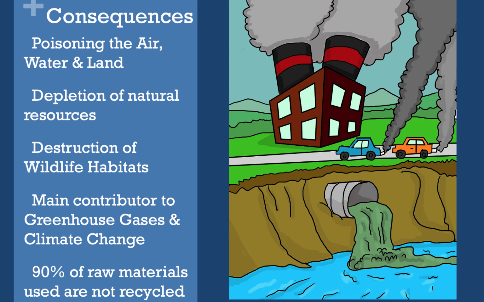Studies have shown that, as a result of the linear economy, 90% of the raw materials that are used to make consumer products globally are not recycled back into the economy. This is putting an enormous strain on the world's environmental and social fabric. Cheap food, cheap clothes, cheap anything comes at a very high price for us and for the planet.